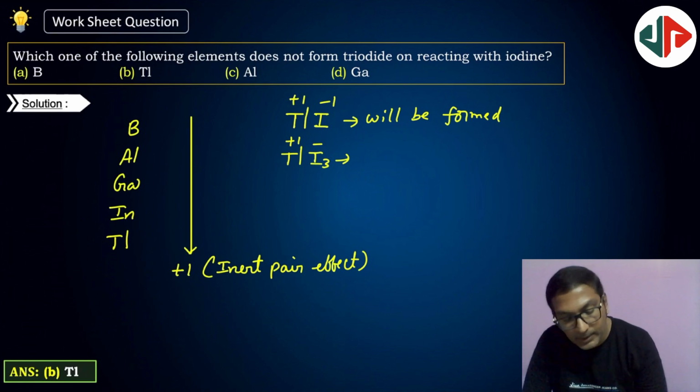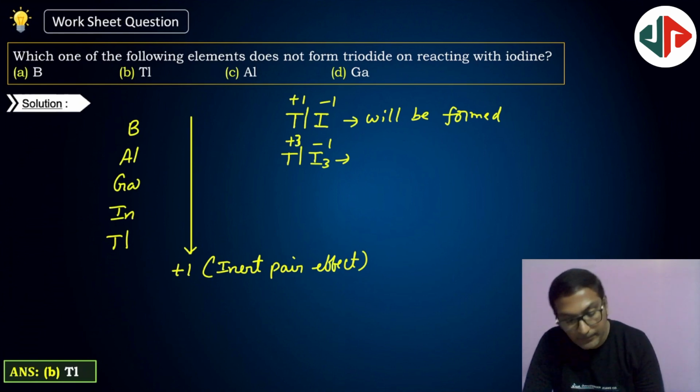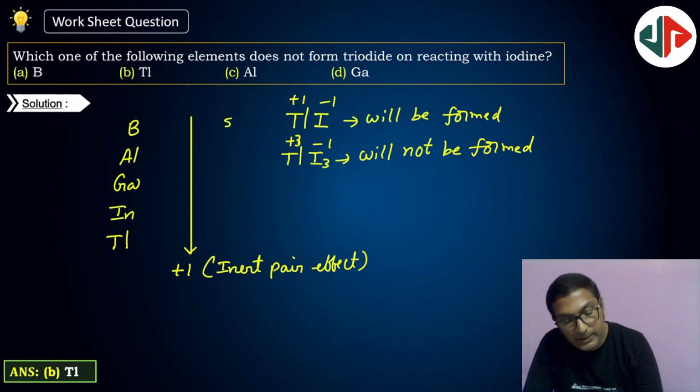So TlI means here plus 1 minus 1, and in TlI3, here plus 1 and this is minus 1, that is plus 3. In second case, plus 3. So for Tl plus 3 is unstable, will not be formed. That is based on inert pair effect. So plus 1 is stable.